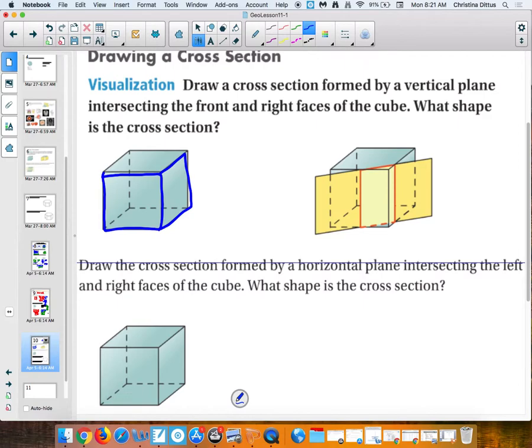So it's cutting through, doesn't matter where it cuts, it'll be the same shape. Could be cutting way back here, or it could be cutting closer like this one is. Either way, can anyone visualize what shape we would have? It's a rectangle. Because where this cuts are these red solid lines.